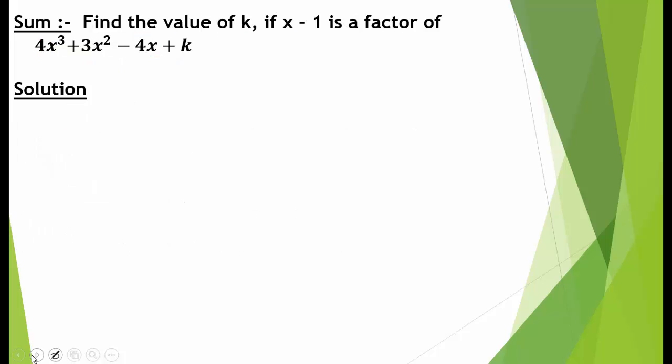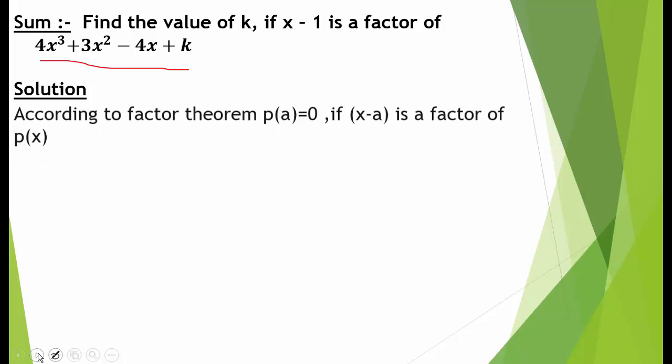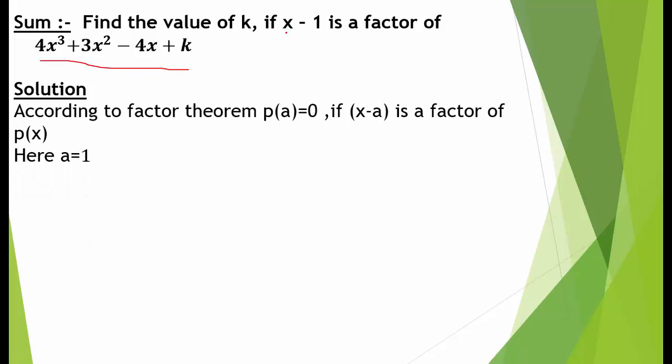Find the value of k if x minus 1 is a factor of this polynomial. Now, according to the factor theorem, if this is a factor, then p(a) should be 0. Here a is 1 and p(a) will be 0.